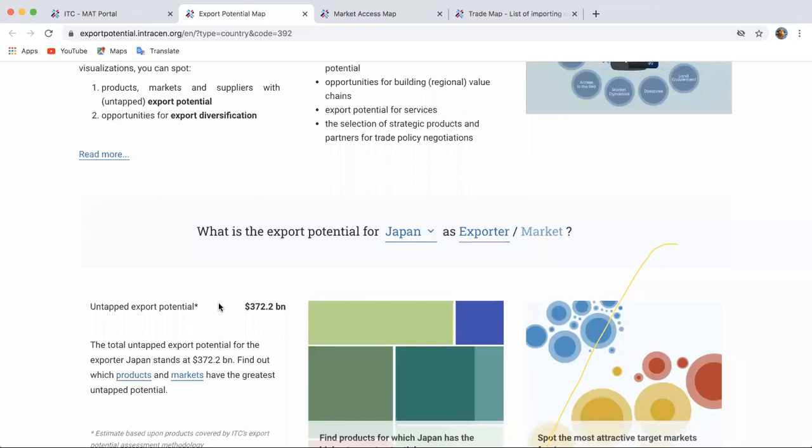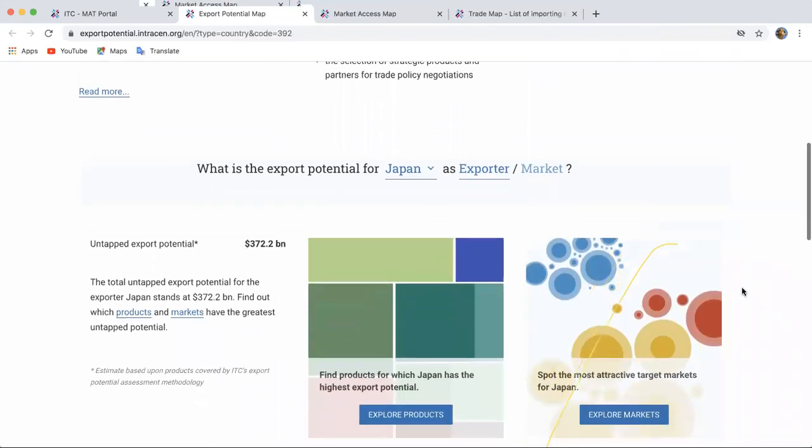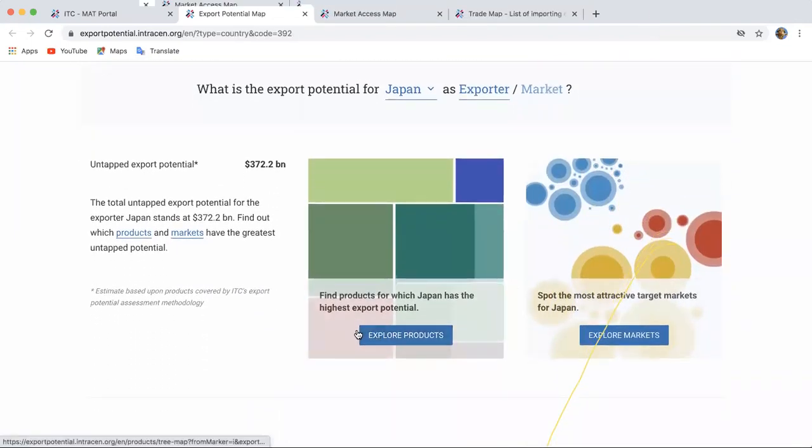So it is a theoretical model, but it does show you a very good idea of what is possible. So I just want to show you how the tool works.